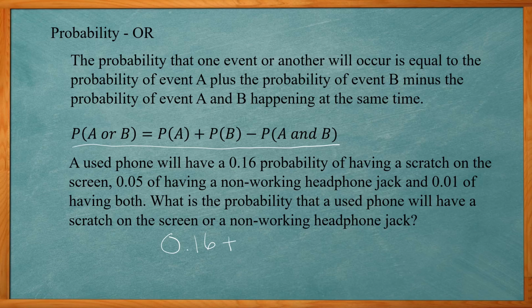And our second event, event B, is the probability of a non-working headphone jack, and that's 0.05. And we need to subtract the probability of both happening at the same time, which is 0.01. So you add up 0.16 plus 0.05 minus 0.01. And that gives you 0.2. So the probability of having a scratch on the screen or a non-working headphone jack is 0.2.